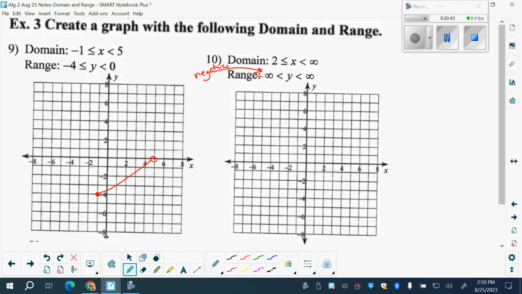So we want this to start at 2, an x value of 2. So anywhere along here, and then we want it solid, and then we can put curves, we can put straight lines, but it's going to have to go to the right. Why?